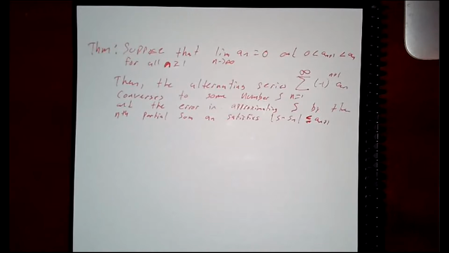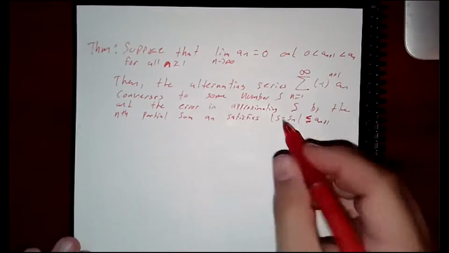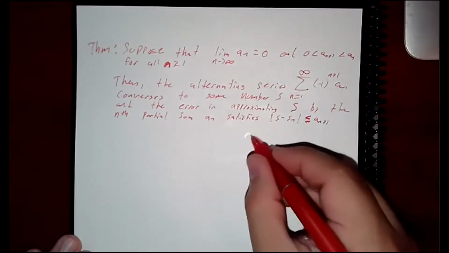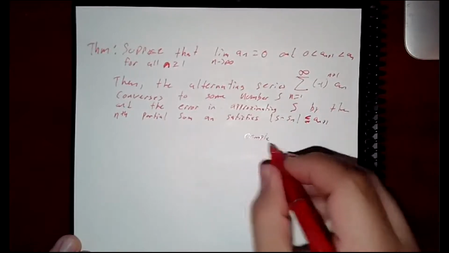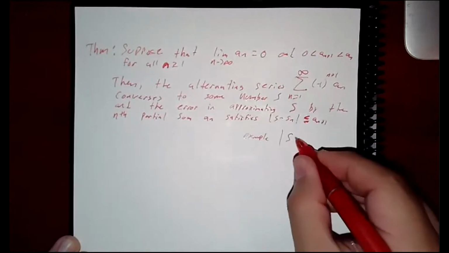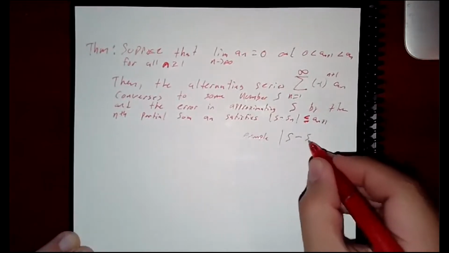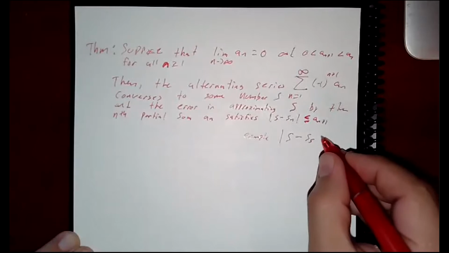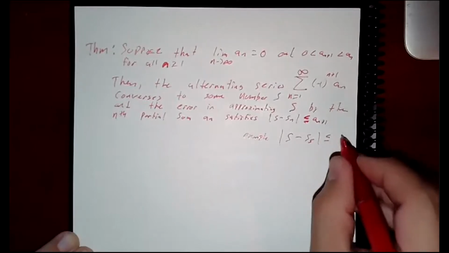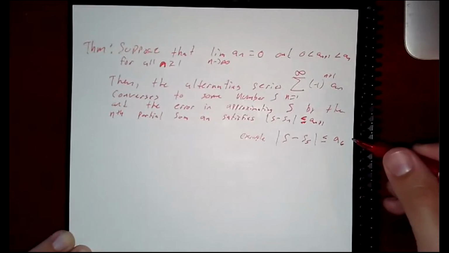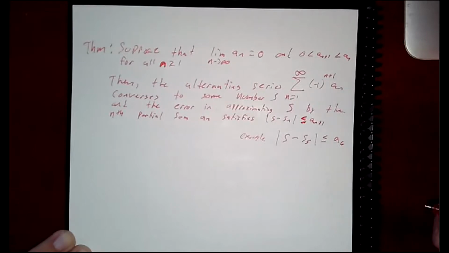Okay. And for what that means, in case you're wondering what that's saying: for example, if I have some number S minus S5, then that would be less than or equal to a6, the sixth term. That makes sense? That's what the numbers mean.